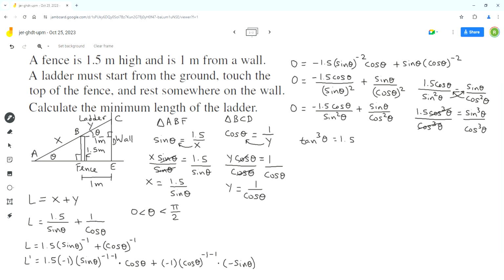Next, we should apply cube root to both sides. On the left side, the cube root and the cube cancel each other out. We get tan theta equals 1.1447.